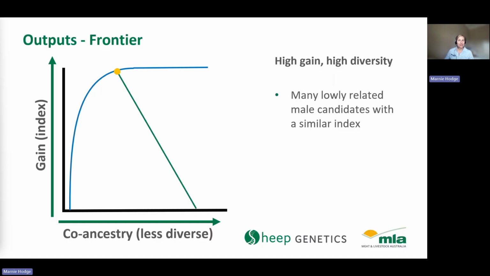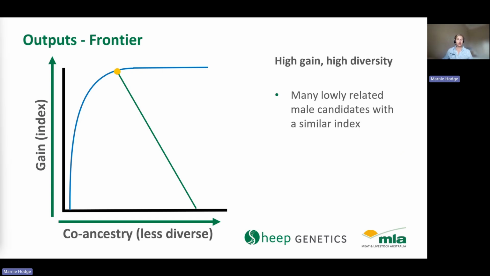a high rate of genetic gain, but also a high amount of genetic diversity in the progeny outcome. So we have a nice frontier graph that's managed to make a high rate of genetic gain, but also has the potential to place more or less emphasis on co-ancestry. This particular example would have been run with lowly related candidate males with a similar index.